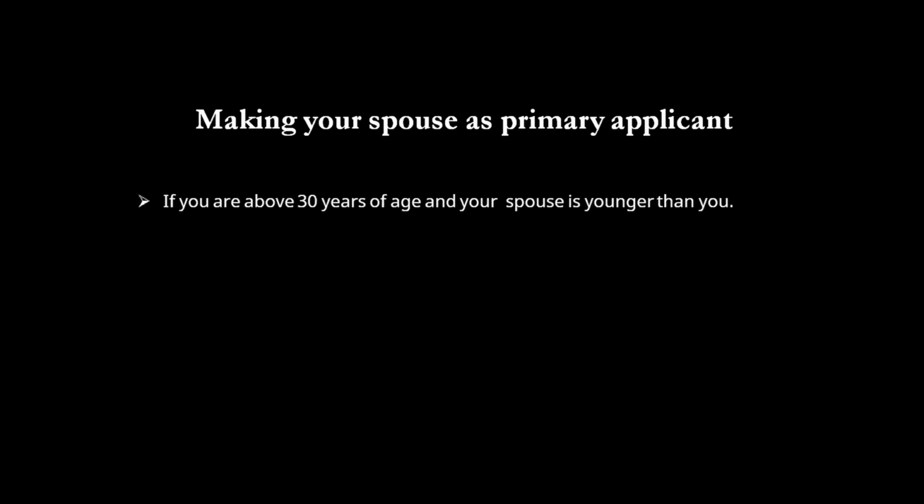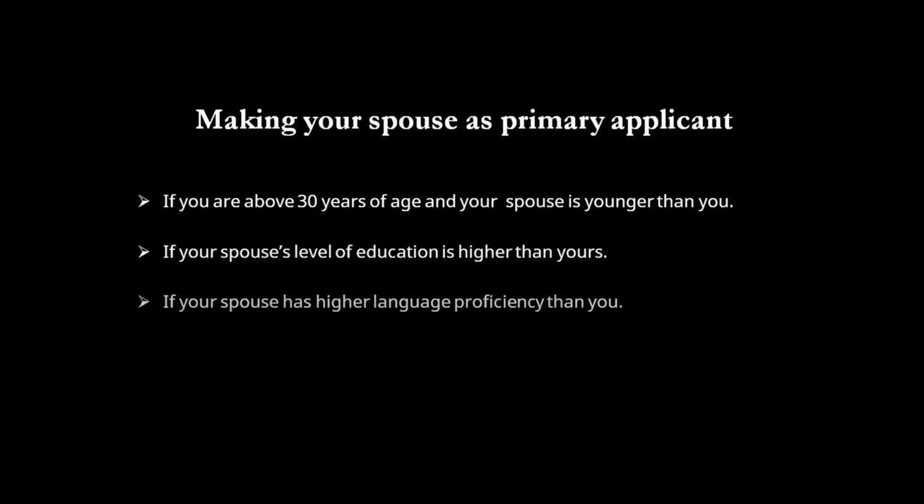That is, if you are above 30 years of age and your spouse is younger than you, and if your spouse's level of education is higher than yours, and if they have higher language scores than you, and also if their work experience is more than yours. So in these four scenarios, you can consider making your spouse the primary applicant.